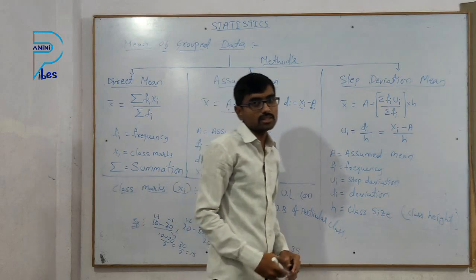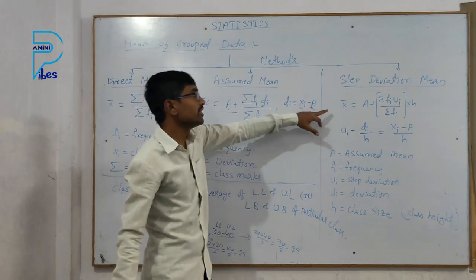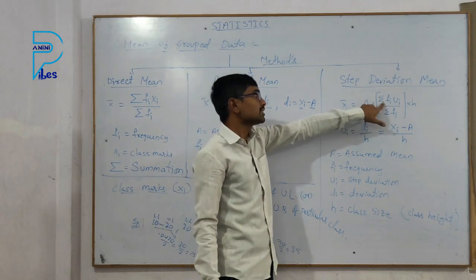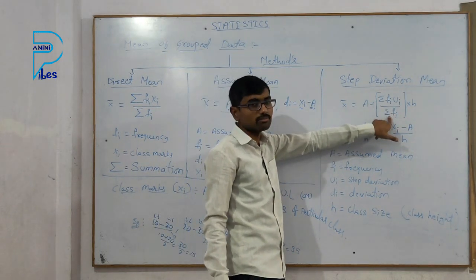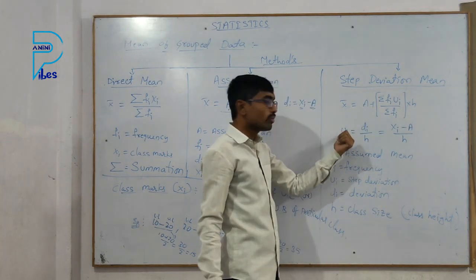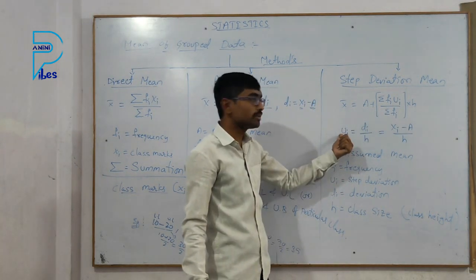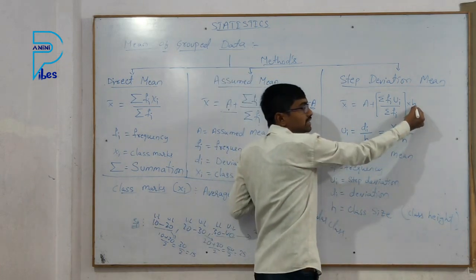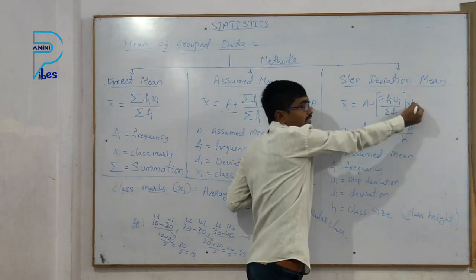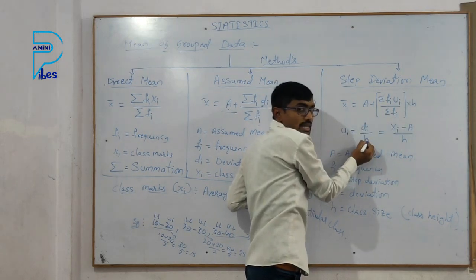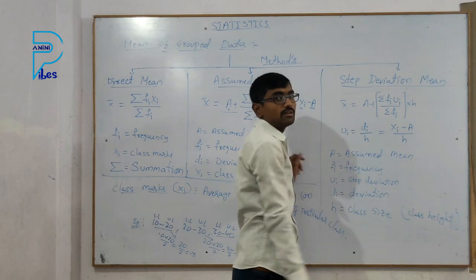Now coming to the step deviation method. In the step deviation method I have the formula x bar is equal to A plus sigma Fi into Ui divided by sigma Fi, into h. So here Ui is called the step deviation, that is Di divided by h. I am multiplying h here, so as I am multiplying h here, the same h is divided from the deviation Di.